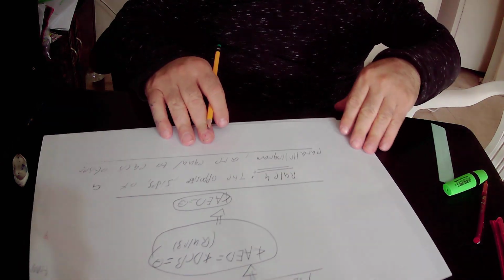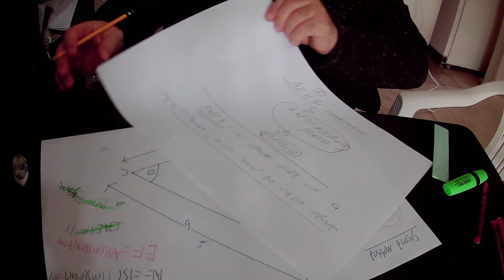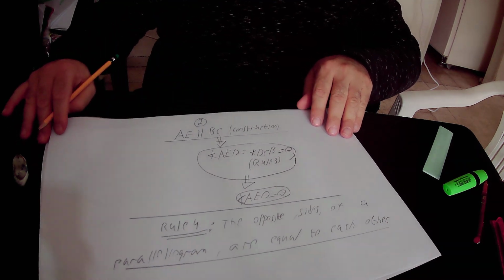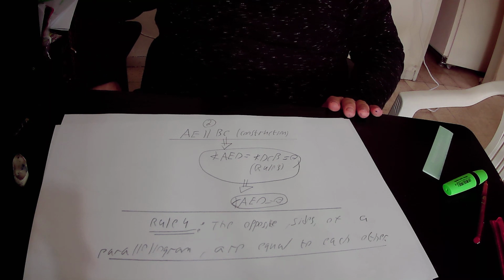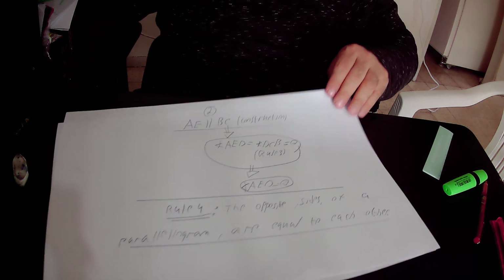So, I read rule number 4 again. According to rule number 4, the opposite sides of a parallelogram are equal to each other.